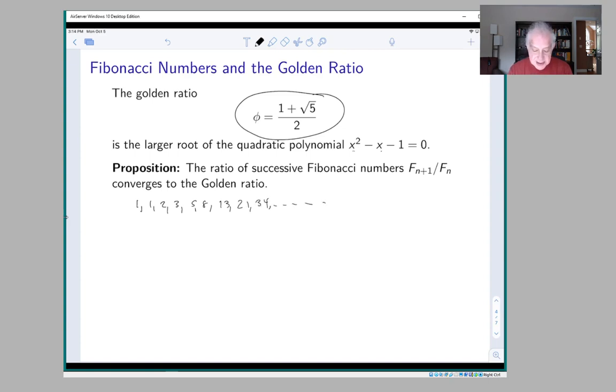And if you look at the successive ratios, so 1 over 1, 2 over 1, 3 over 2, 5 over 3, 8 over 5, and so on, where I've taken each Fibonacci number over the preceding one, that's where this f sub n plus 1 over f sub n comes from. And if you look at the limit, it turns out these ratios approach a limit, and the limit that they approach is the golden ratio. And that's what we're going to prove as an application of mathematical induction.